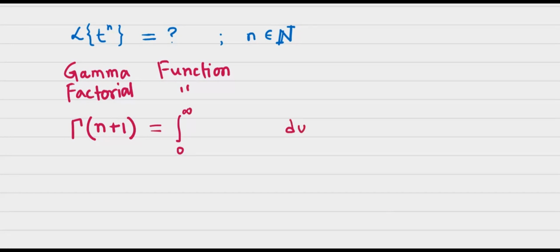But the integrand is an interesting case. It may look unusual at the beginning, but it is very ubiquitous in functional handling. So we have u to the power n and then e to the power negative u. That's what a gamma function is.